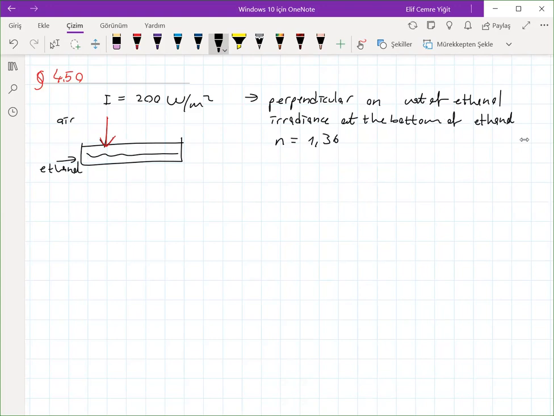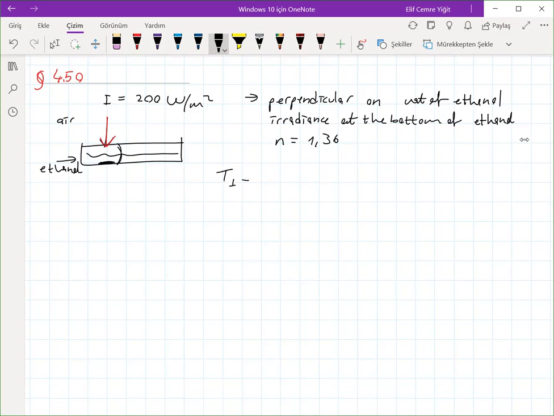So we will use Fresnel equations. Since it asks for the bottom irradiance, we need to find the transmittance, because the beam transmits through the ethanol, and some of its power, its irradiance, will decrease. So I will use the transmittance formula.